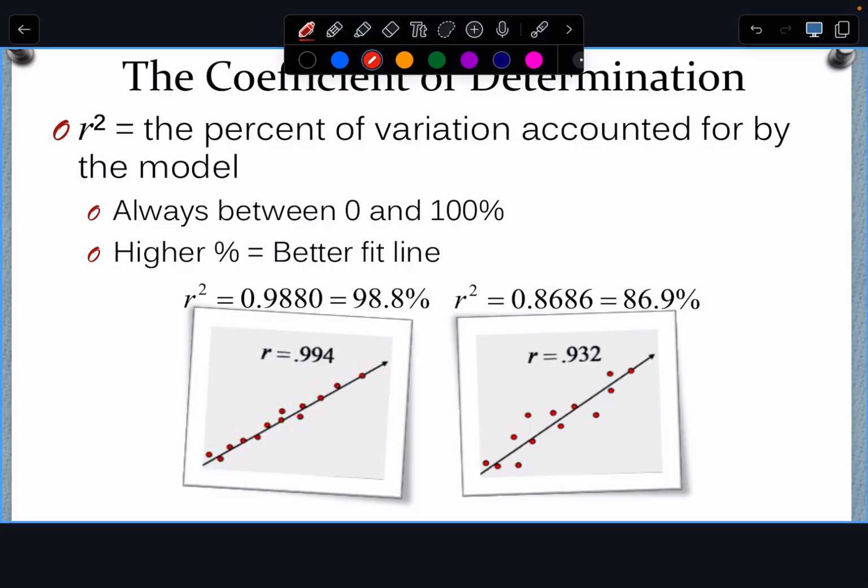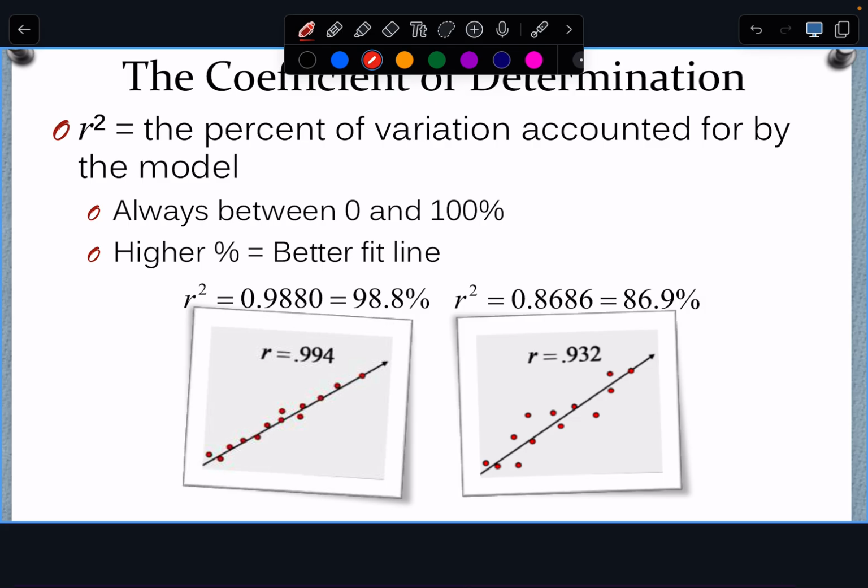If I have the correlation squared value, so on a regression output, they're going to give you the correlation squared value. If they want you to convert that back to a correlation coefficient, they want you to find R. The first part is pretty straightforward. I'm going to take the square root. So whatever my percentage is, I convert it to a decimal, square root the number, and I'm going to get my correlation value. However, I need to make sure that my correlation value matches the direction of my association.